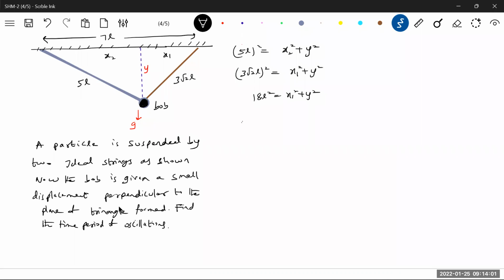This should be equal to 18L square minus x1 square. 25 minus 18, 7L square is equal to x2 minus x1, x2 plus x1. x2 plus x1 is 7L.